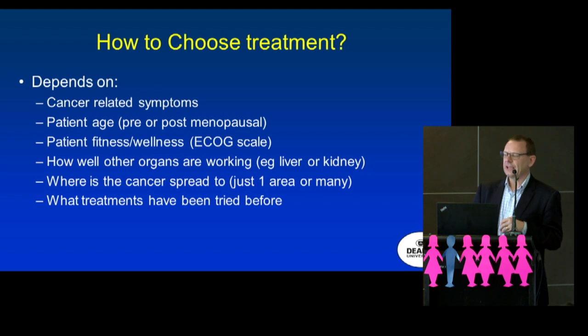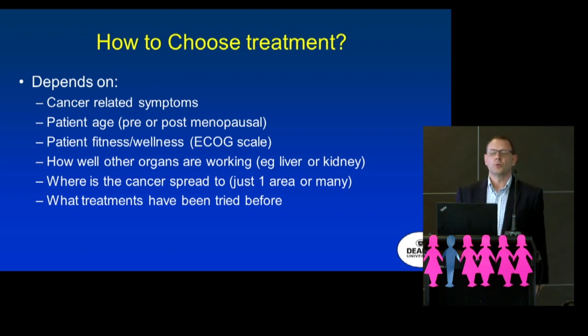It can depend on other things like how well your kidneys or your liver are working, because we need them to clear the toxins out after we pump the toxins into you. So if your liver's not working, for example, the drugs might last longer in your system and you might get more side effects. Whether the cancer has spread to just one area or many areas, if it's just one area, we might be able to control that with radiation.